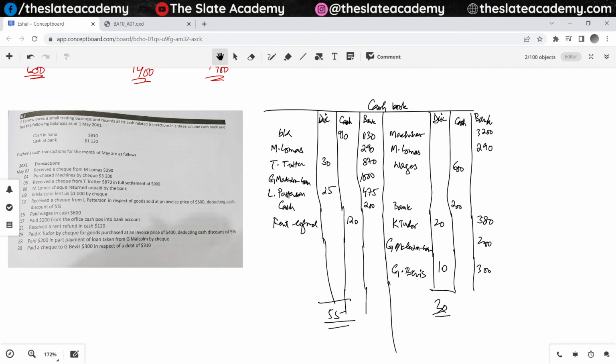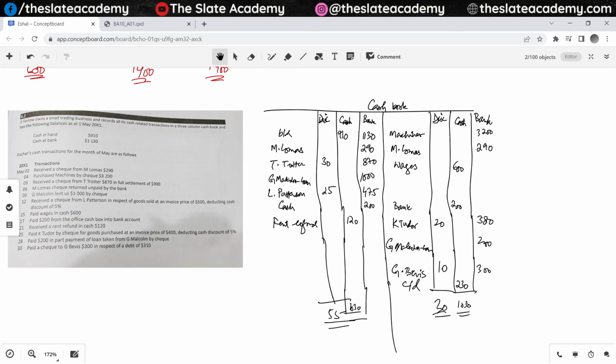So 1030. Same sum over here, 1030. And from 1030 we deduct 800. So that leaves 230. This is the carried down of cash.